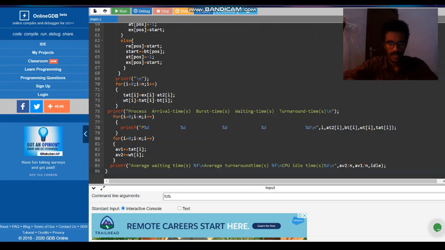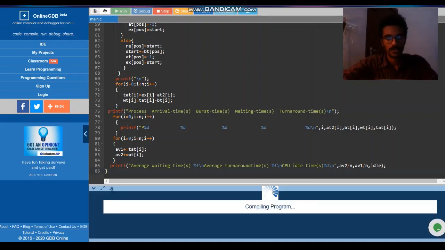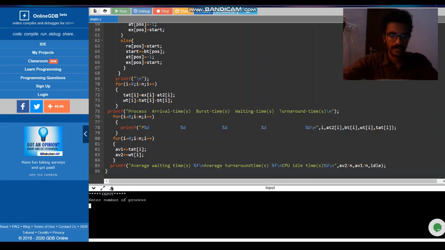So now I'm going to run my program. Here, first I'm going to enter the number of processes as 5. Arrival time I'm going to take as 3 5 0 5 4.